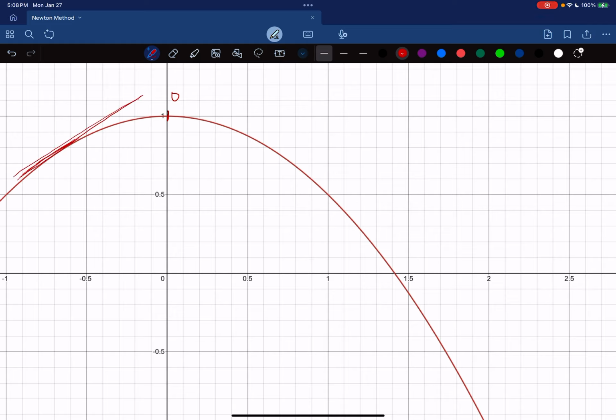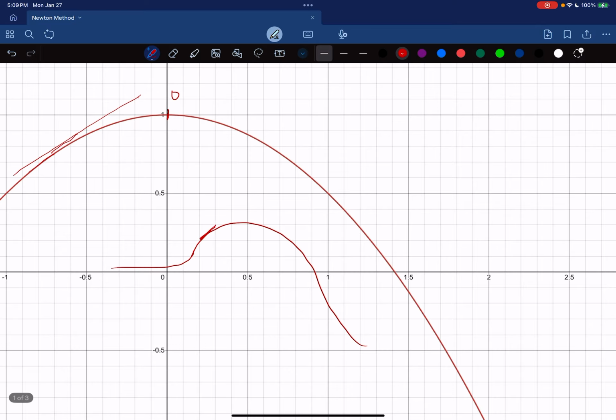Let's actually copy this. But let's say on this end, it just goes like this and never meets. If you choose it on this side of the function, this will not converge, or will falsely converge. In other words, it could also diverge.